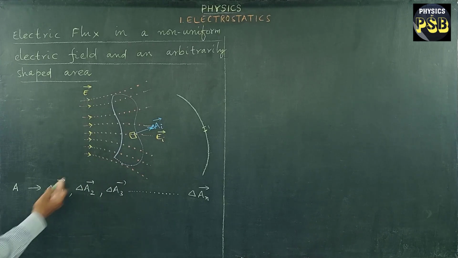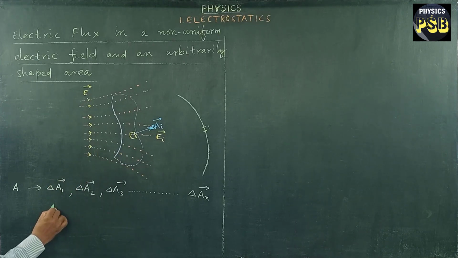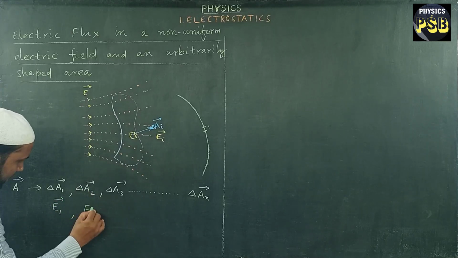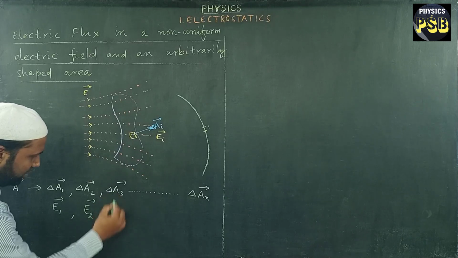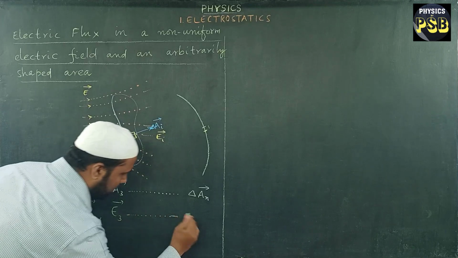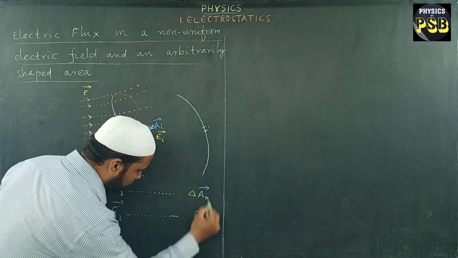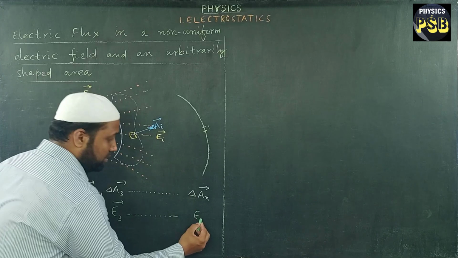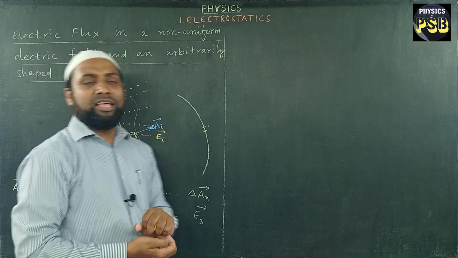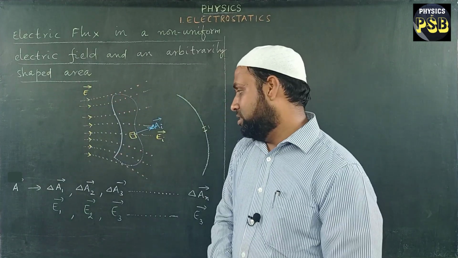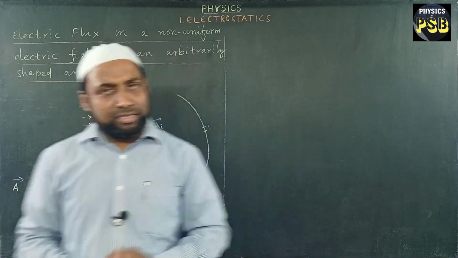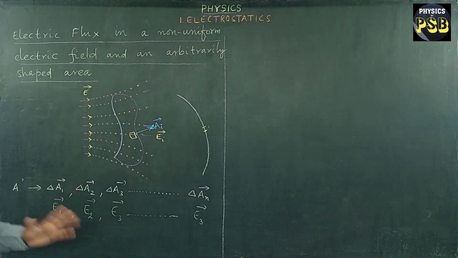So the electric field which is passing through this area is E1 vector, through this area element is E2 vector, and the electric field passing through this area element is E3 vector, and so on. Sorry, it is not E3 here, it is En for the nth segment. All these electric fields passing through these segments are considered as almost uniform.